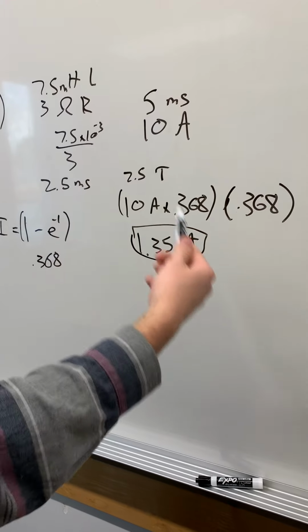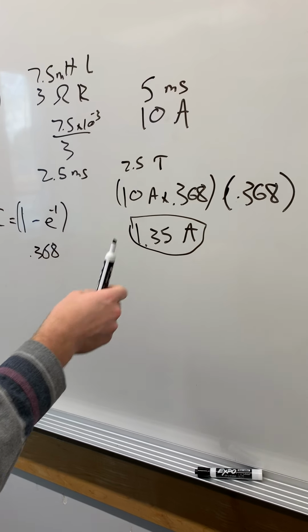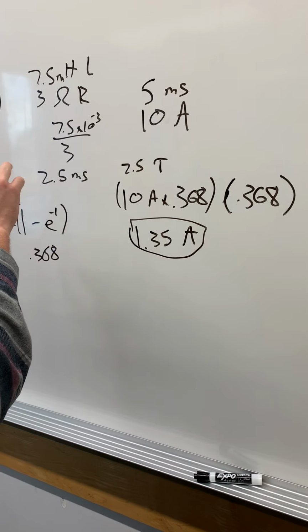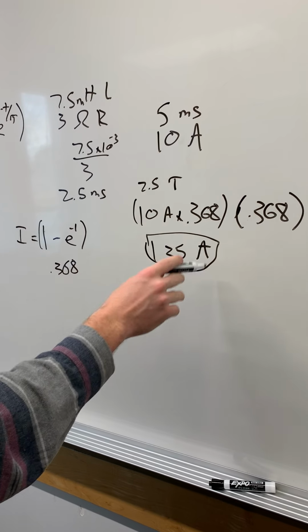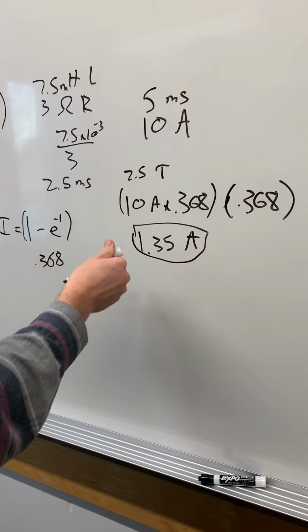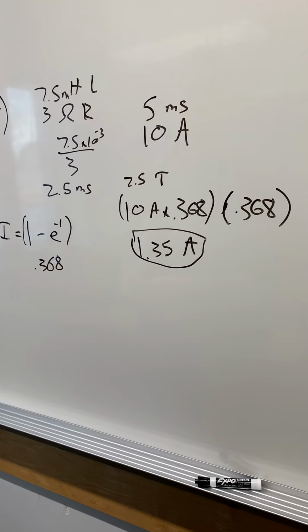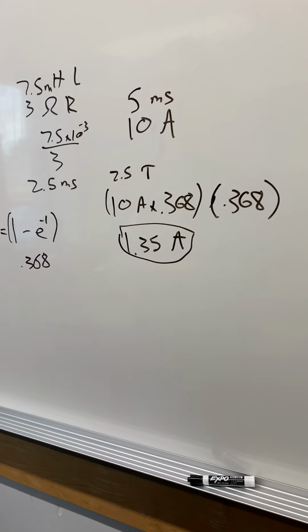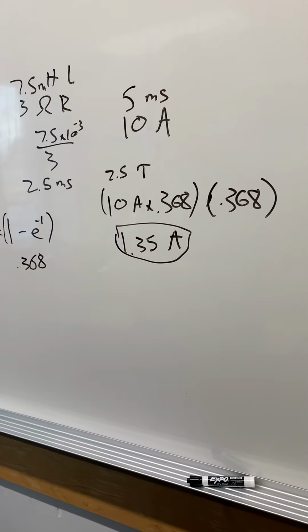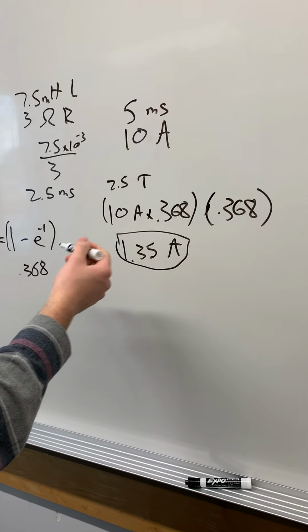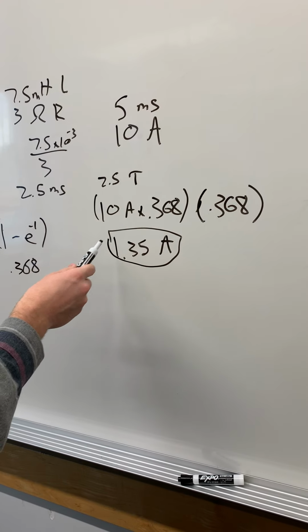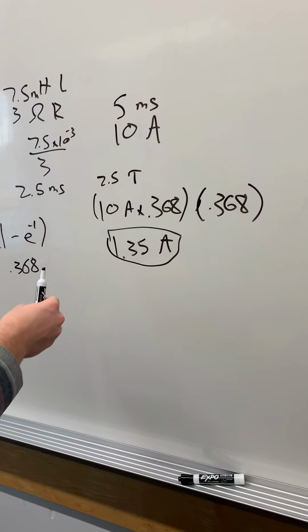Our 10 amps after the switch is turned off will end up as 1.35 amps after 5 milliseconds. We see this much less than in an RC circuit, which is much more common with a capacitor, with it being less practical in that sense.